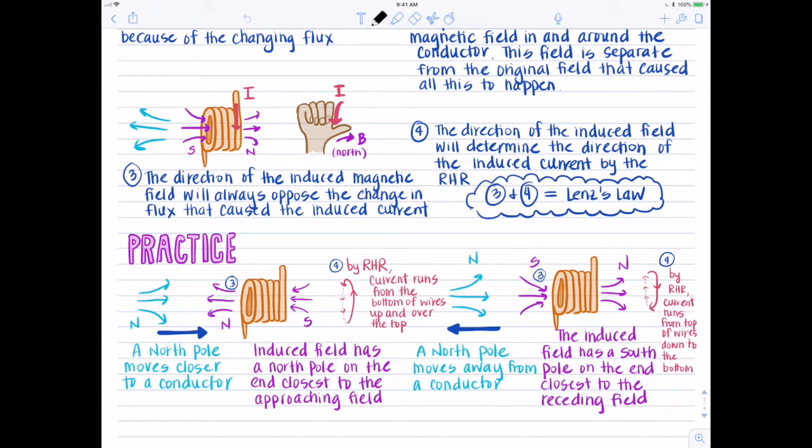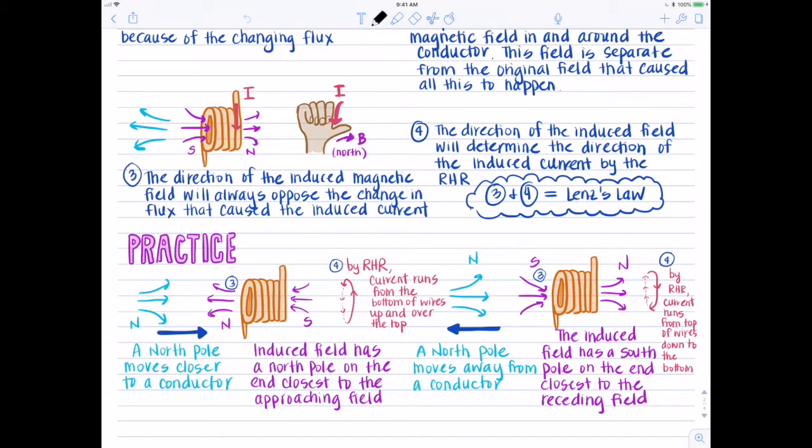So if the purple lines are going to oppose the change of the light blue lines, then the purple lines will also need to have a north pole on the left side of the coil so that it can oppose the approaching north pole.